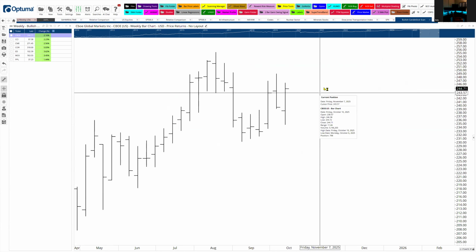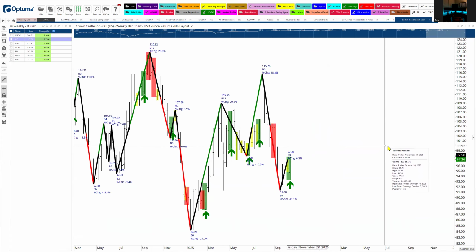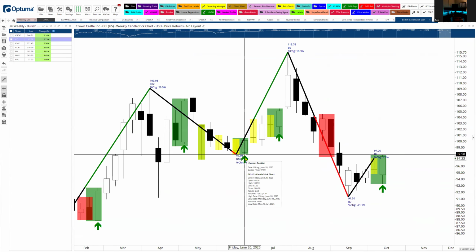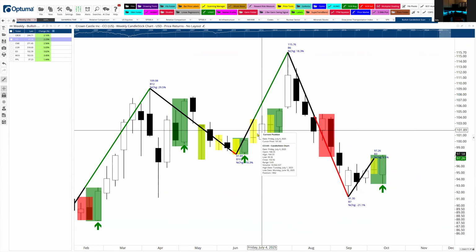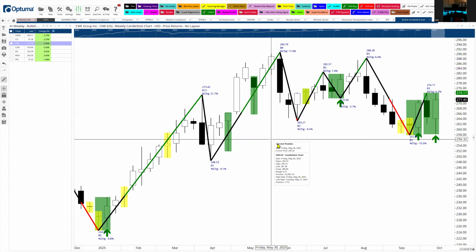These are the bullish setups right there for next week. There's CCI. Anywhere the green box is, you're just looking for next week to move higher.